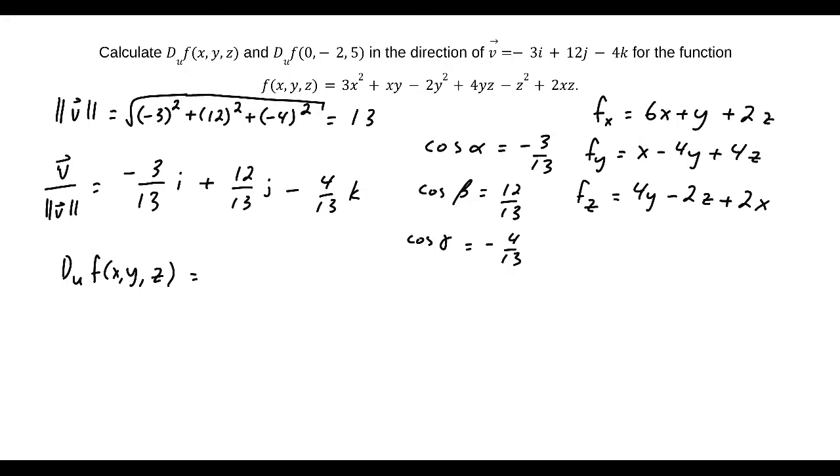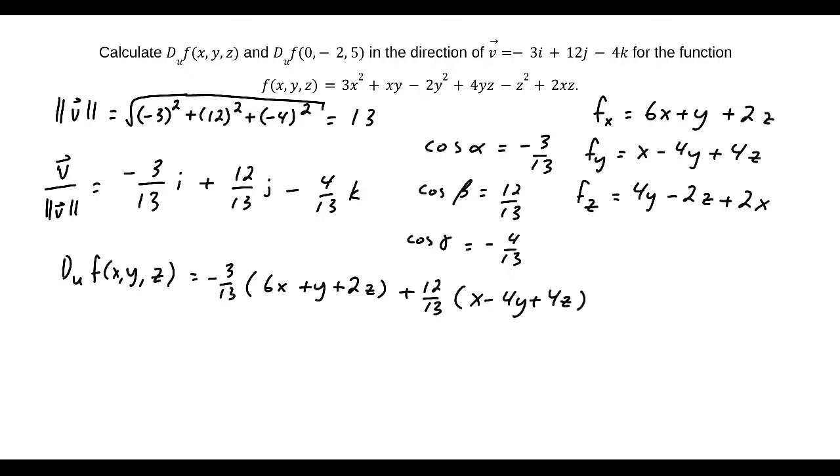So putting this together, D_u of f(x, y, z) is equal to -3/13 (6x + y + 2z) + 12/13 (x - 4y + 4z) - 4/13 (4y - 2z + 2x).